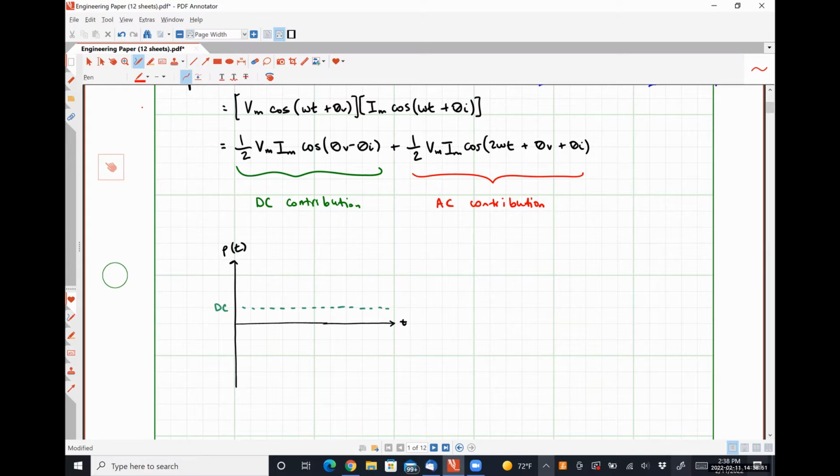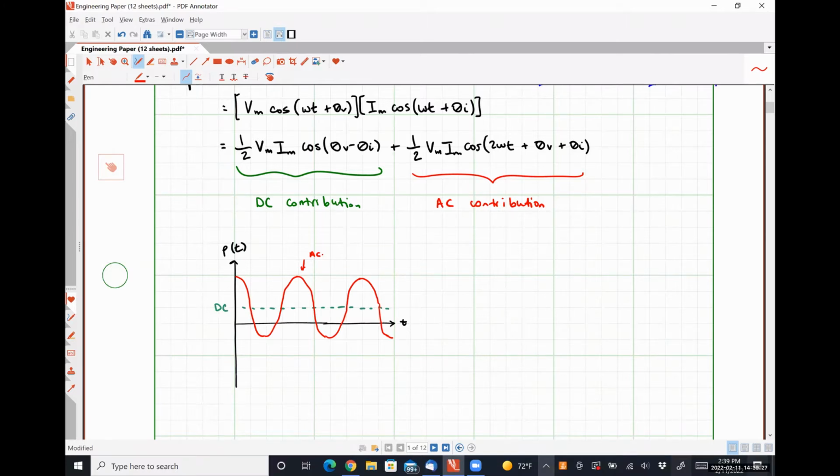So that might look something like this. So the red bit is the AC part, and it's literally just put on top of that DC offset.